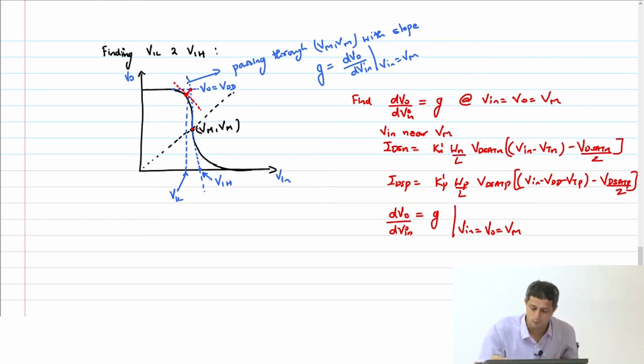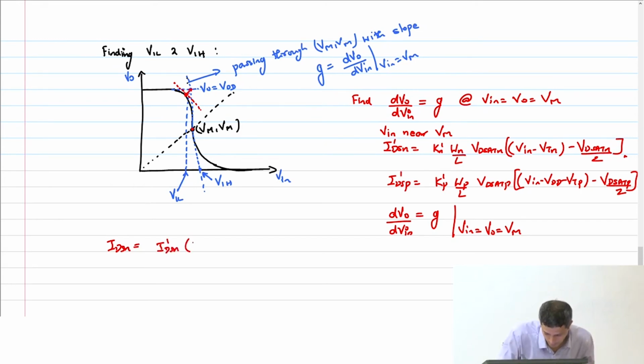Okay, so therefore what I am going to do is I am going to say that IDSN is whatever this expression IDSN prime into 1 plus lambda V naught.